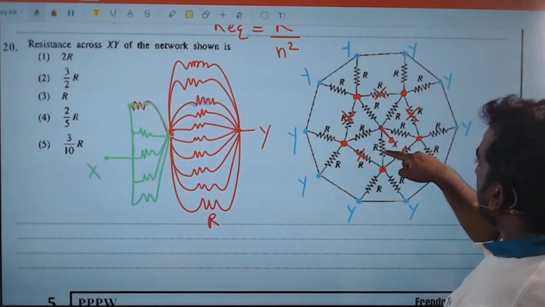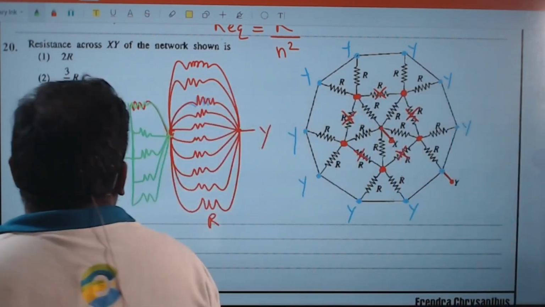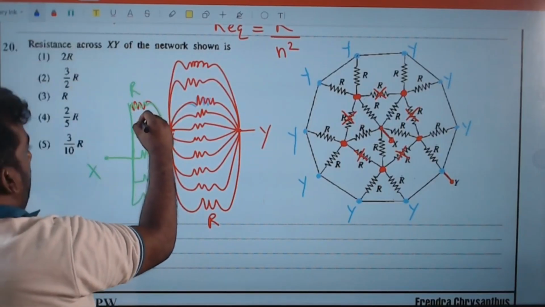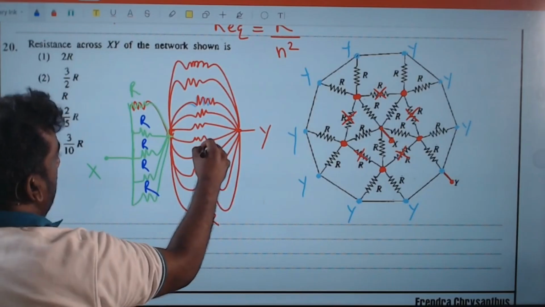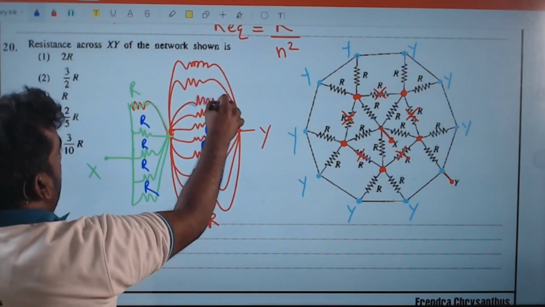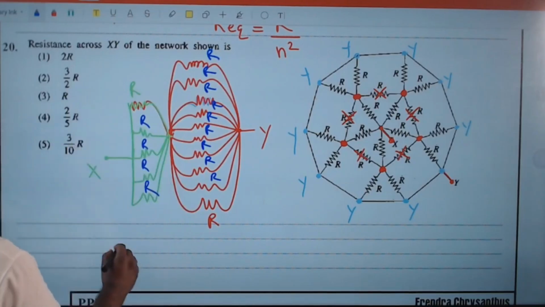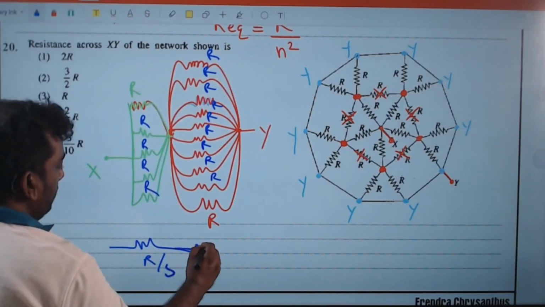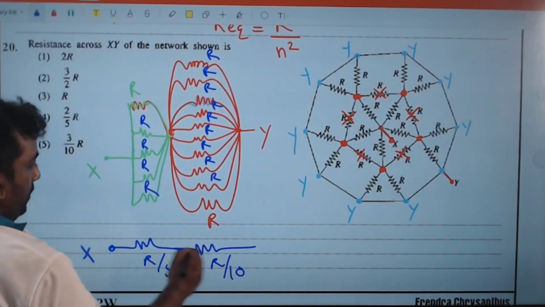So for X terminal, 5 are connected. Now what is your effective resistance? Here R, here also R. Parallel resistors, R over 5, R over 10 between X and Y.